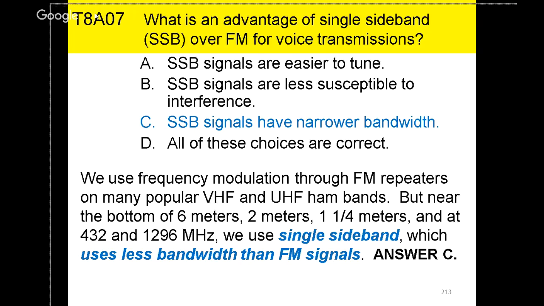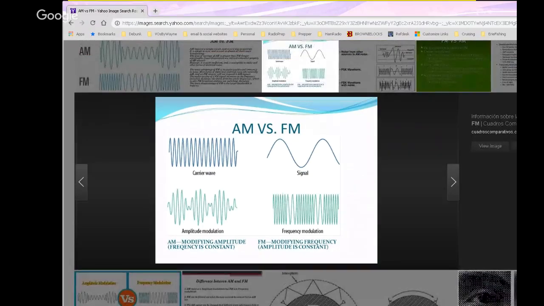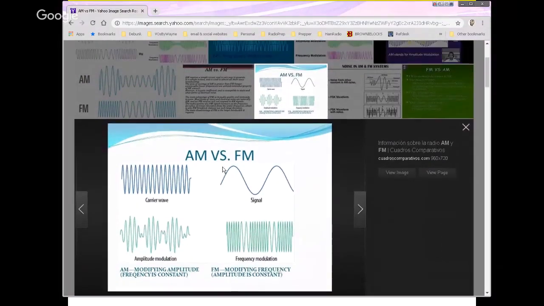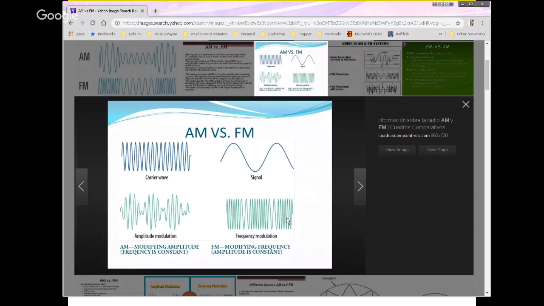This gives a little bit better indication of an AM signal versus FM. You see the carrier wave and the amplitude modulation varies in amplitude, but the frequency is constant.